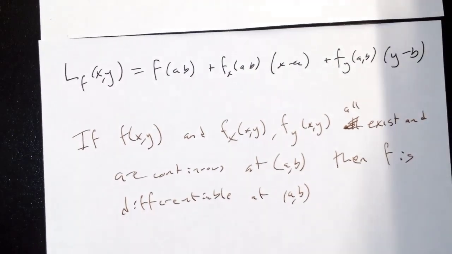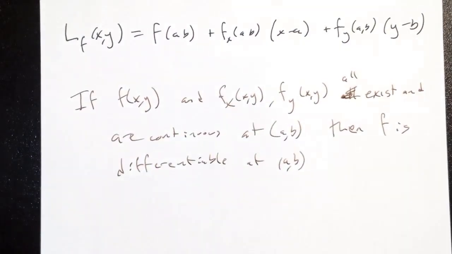So here, my definition of having a derivative requires me to look near a point, not just at a point. I need to look at the first derivatives, and those have to be continuous also.